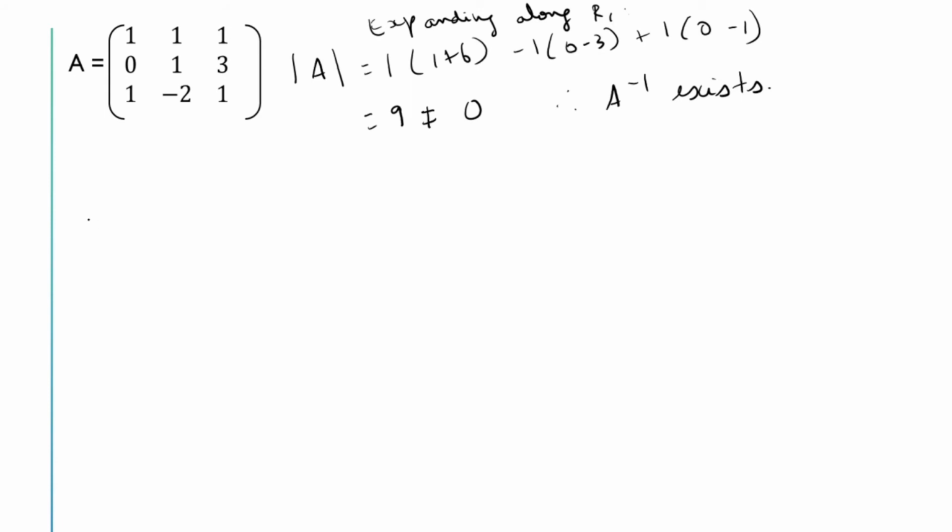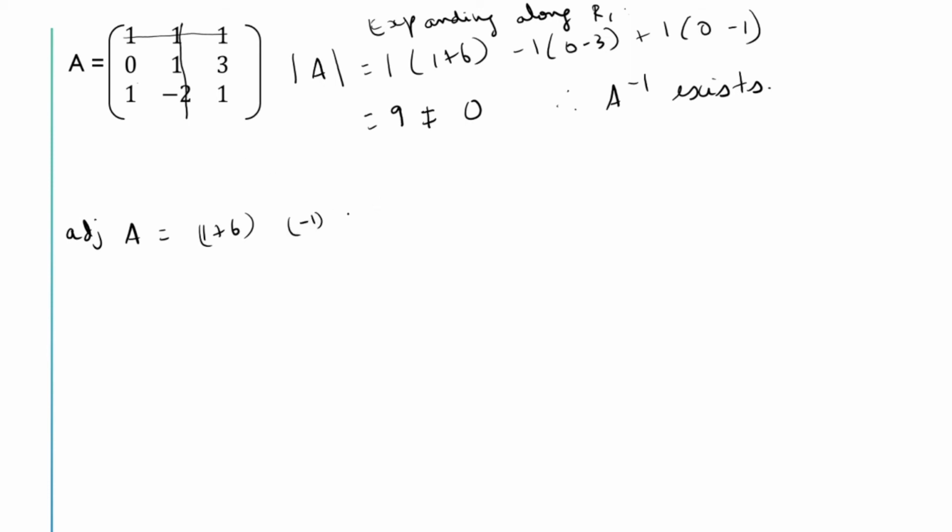Now let us find the adjoint of A. The adjoint of A is the transpose of the cofactors of all these elements. So we remove the first row and the first column and take the determinant. So it is 1 plus 6. Then first row, second column, take the determinant with the negative sign.